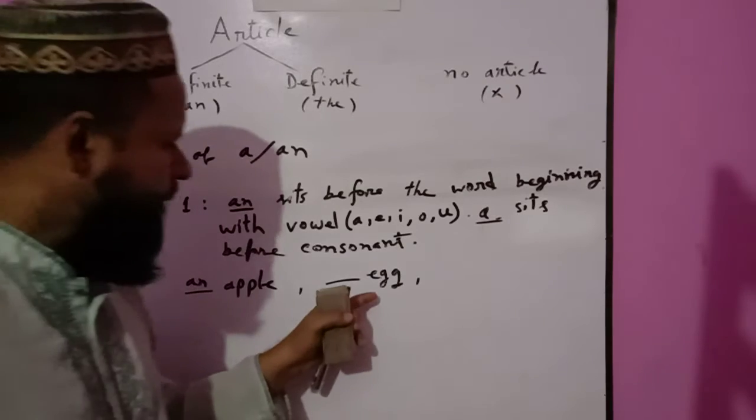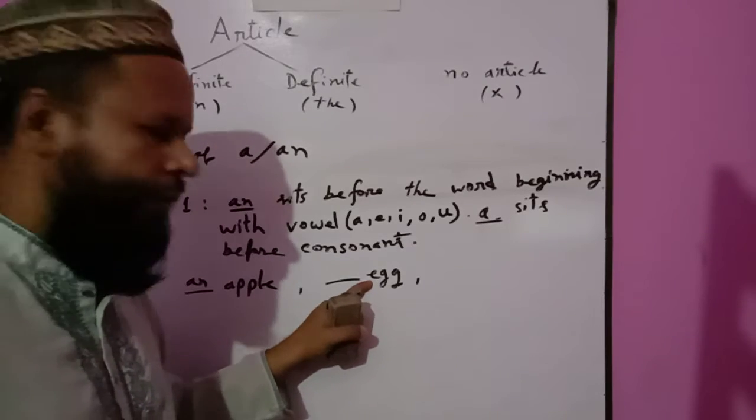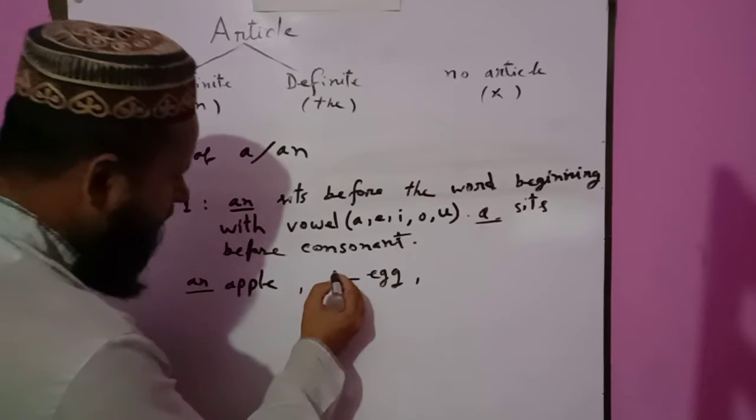The first letter of egg is E. It is vowel, so we must use an.